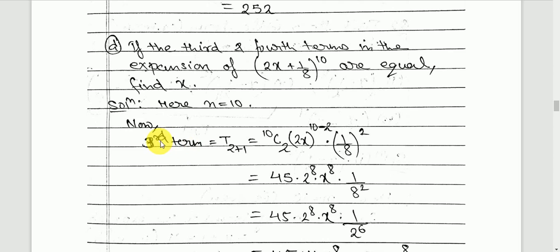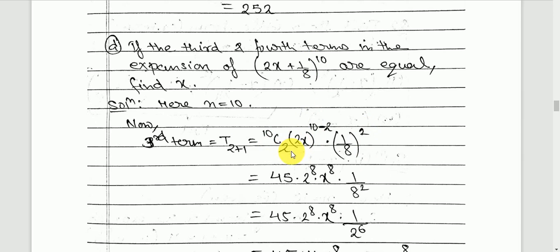So the third term means t2 plus 1, is equal to, n is 10 over here, plus sign is here, so no minus. So 10c2, this 2 is this, then the first term 2x to the power 10 minus 2, into the second term 1 upon 8 to the power 2.